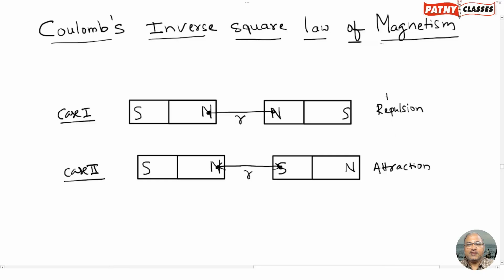So in case of repulsion, there is a force of repulsion, and in case of attraction, there is a force of attraction. Coulomb's inverse square law of magnetism talks about either the force of repulsion or the force of attraction.